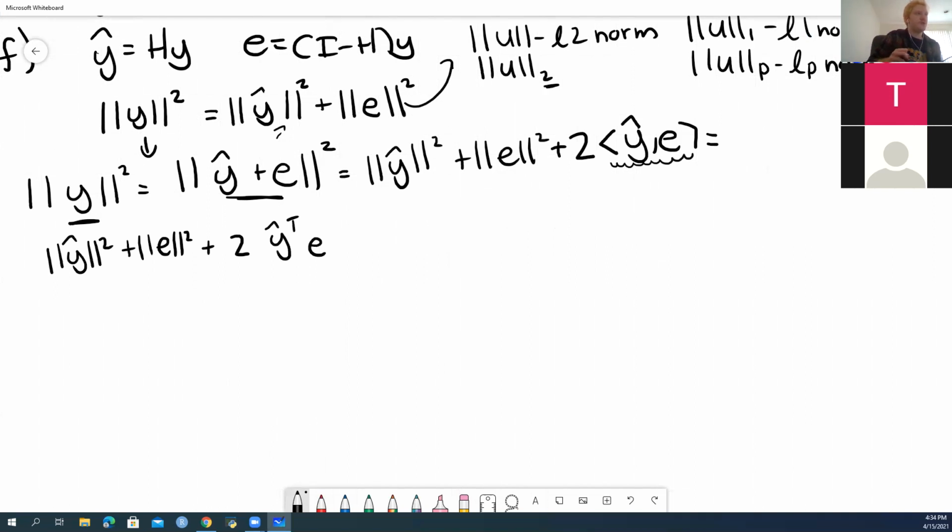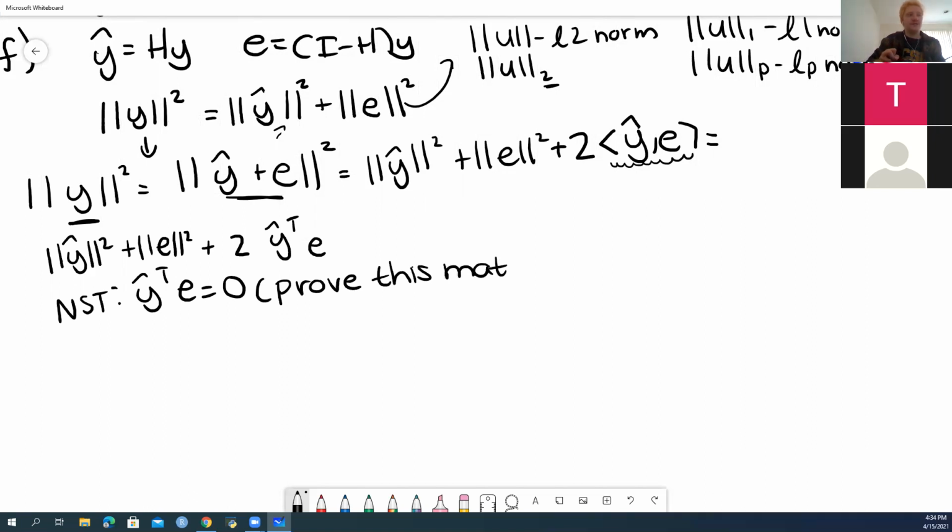And so really what you just need to show is that y hat transpose e is equal to 0. A fun fact about this, I would prove this mathematically, but let's look at it. I cannot write mathematically, I have no idea how to spell this.